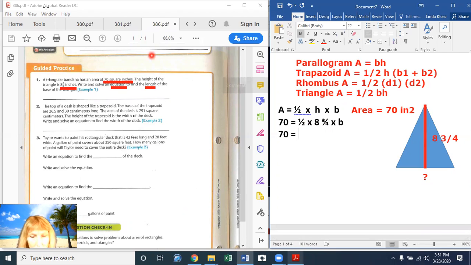I'm going to actually draw that here so we can see what we're doing. We have 1/2 times now 8 3/4. But we can't multiply yet because we have to change our mixed number into an improper fraction.